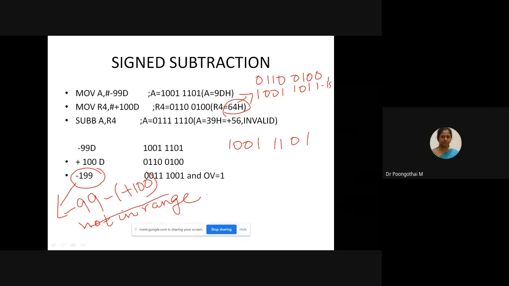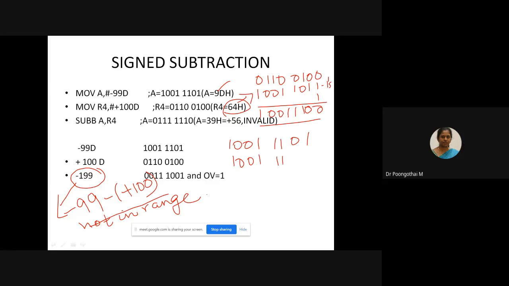So next, add 1. 1001 1100. Okay. So this is the 2's complement result of your 64. So add this value with minus 99, that is 9D.